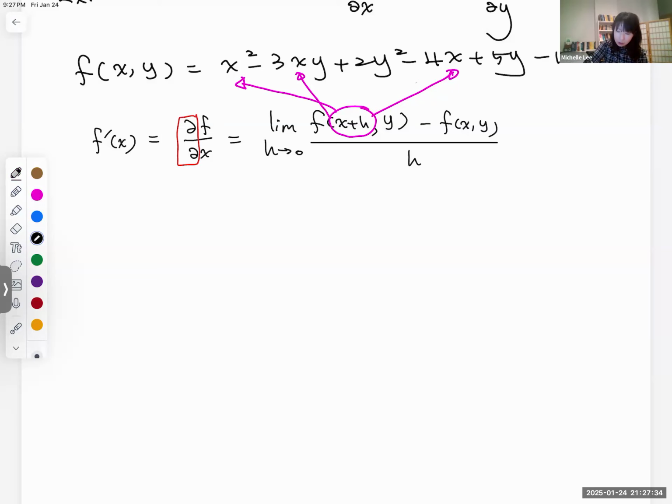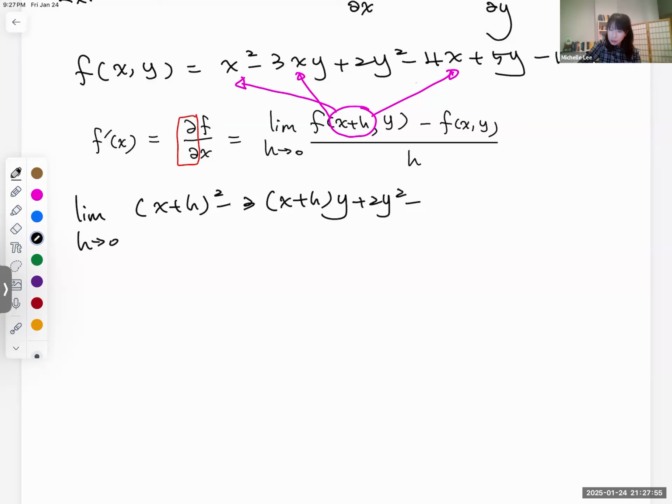So limit as h approaches 0 of (x plus h) quantity squared minus 3(x plus h)y, and plus 2y squared minus 4(x plus h) plus 5y minus 12.